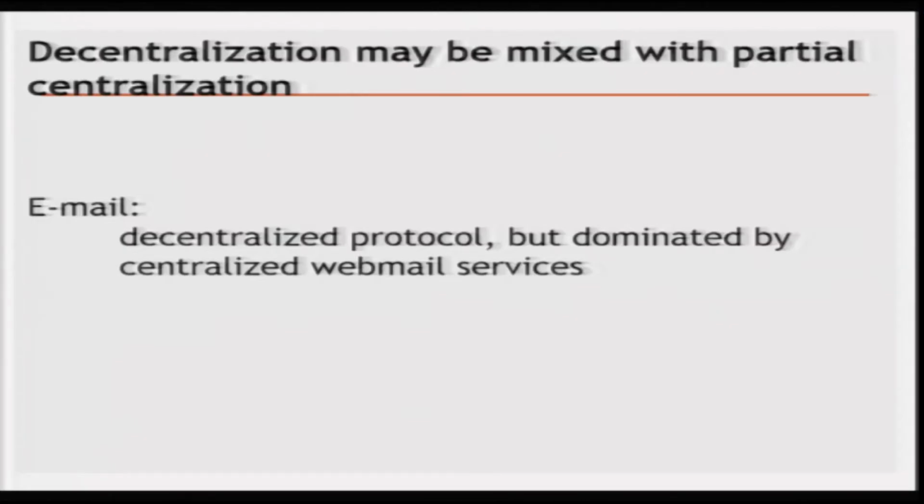Now, sometimes it is not a black and white thing. We may have decentralization, but we may also have partial decentralization or partial centralization. For example, in the email system, the SMTP protocol is a completely decentralized protocol. We can have SMTP servers, and the email clients that we use are SMTP clients.